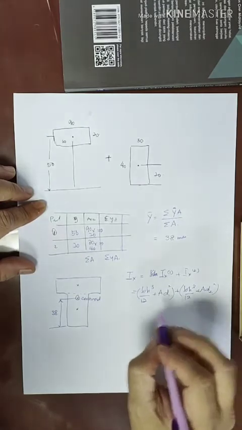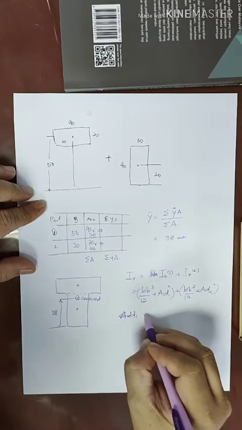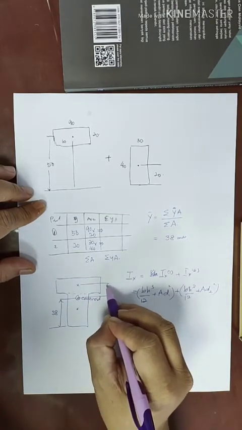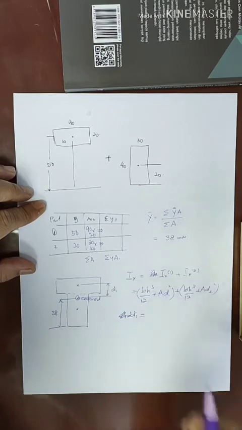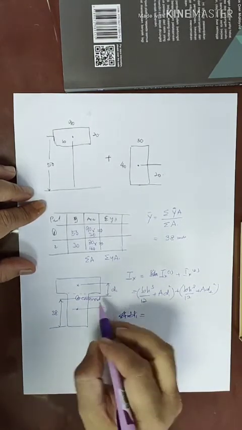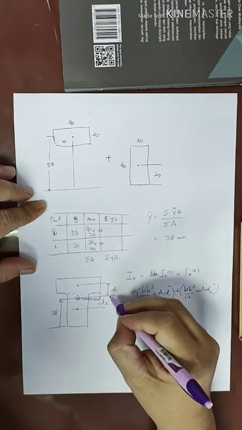So what is d1? d1 is referring to the distance here, and the centroid to the center here is referred to as d2.